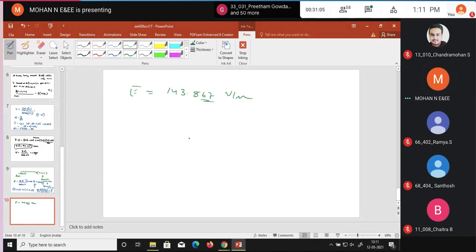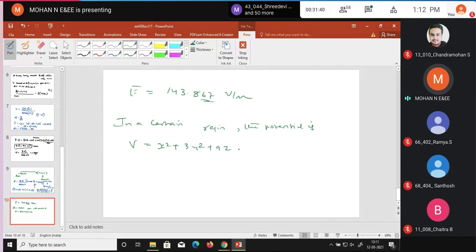This next problem. In a certain region, the potential is V is equal to x square plus 3y square plus 9z.